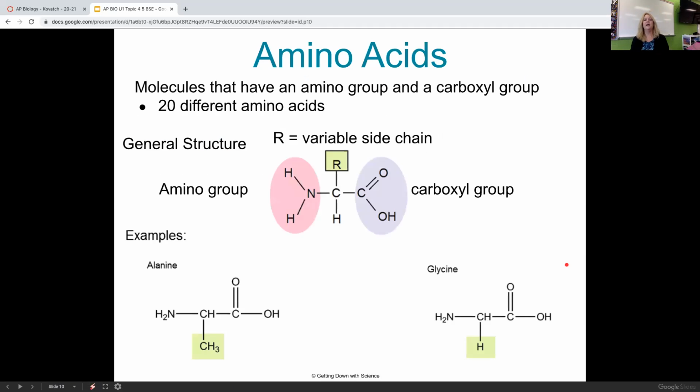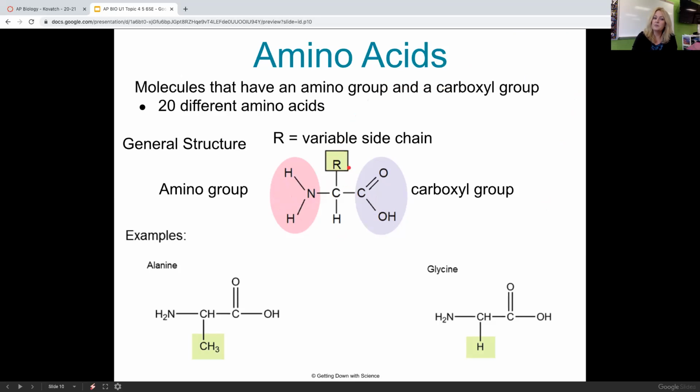If you take a look at amino acids, we did discuss this a little bit in the last video as well, you have 20 different amino acids. How do they change? They vary only here at this side chain. The rest of this, the amino group, this NH2, and the carboxyl group on the other end, is going to be the same for all amino acids.